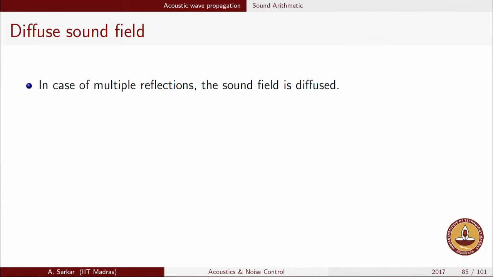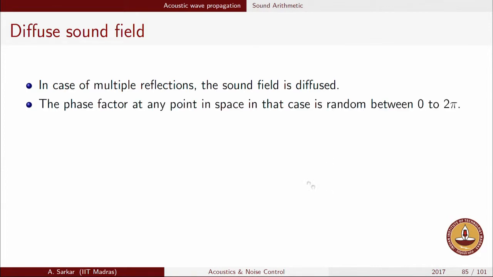But once there is a multiple reflection associated with each reflection, you can understand that there will be a phase change, and therefore, the phase difference beta 1 minus beta 2, that factor could be anything between 0 to 2 pi, because just like as I showed in the schematic drawing, there are multiple reflections, and it is very difficult to predict these reflections, and therefore, the associated phase changes induced by these reflections are almost like a random quantity between 0 to 2 pi.